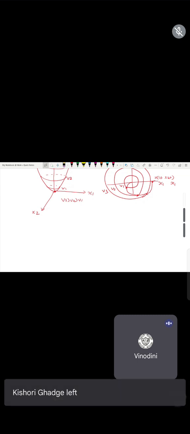Using the energy concept, he defines the stability. If the energy is 0 at the equilibrium point and it goes on decreasing as it goes towards the equilibrium point, it means the system is becoming stable.